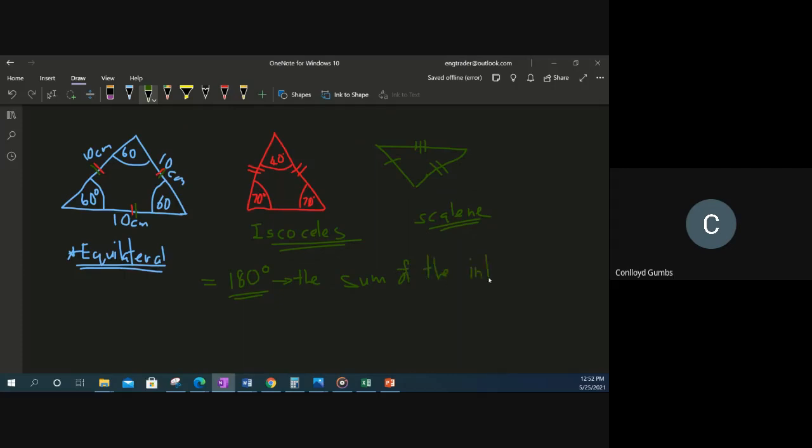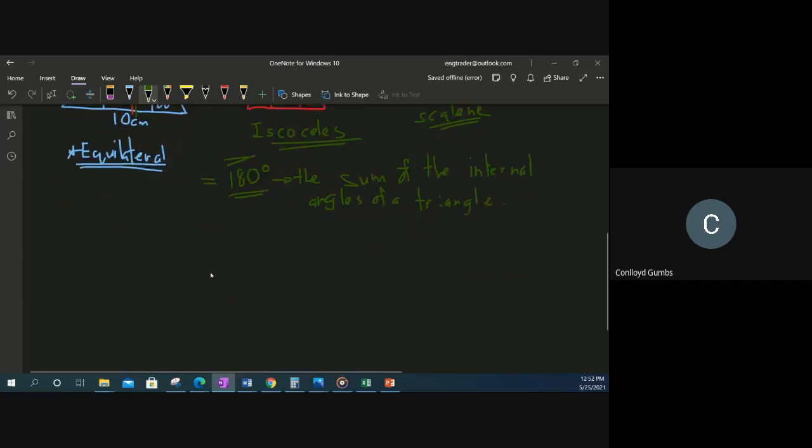So we're talking about the internal angles of a triangle. So these internal angles add up to 180 degrees. So it doesn't matter what triangle we have, it's going to equal 180 degrees.